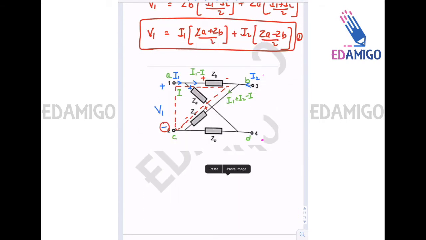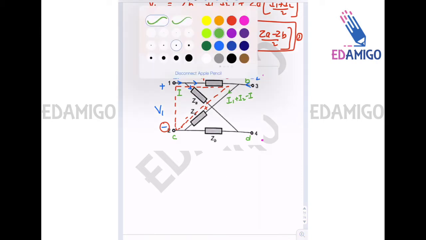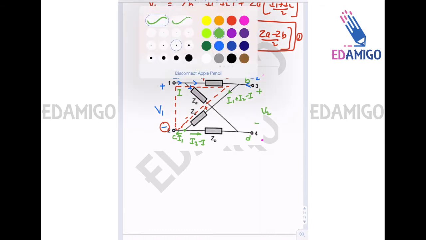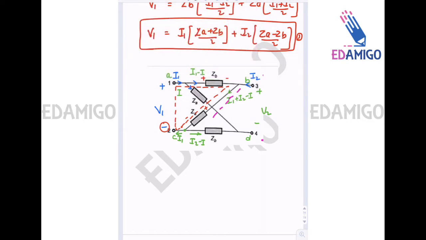Okay, now at this node, since I1 will go out, so the current in this branch will be I2 minus I. Now the voltage here is V2. So we will apply the KVL loop. So which color should I choose? Let me choose pink. Okay, so this is the loop.